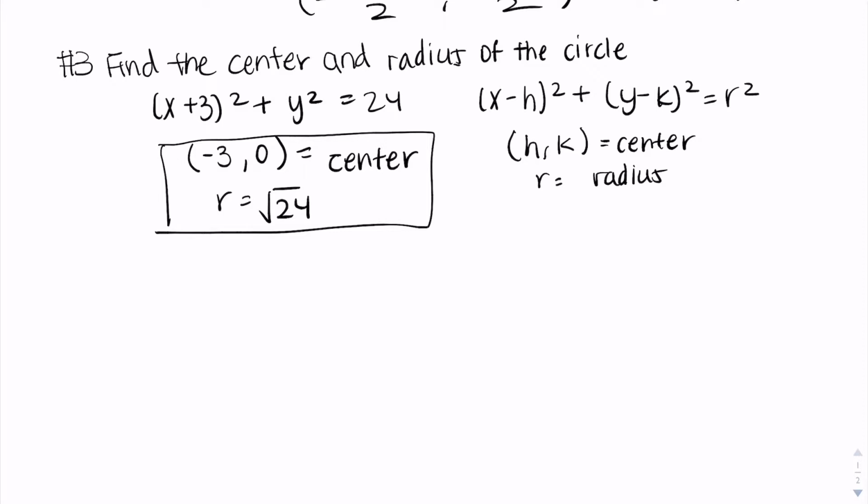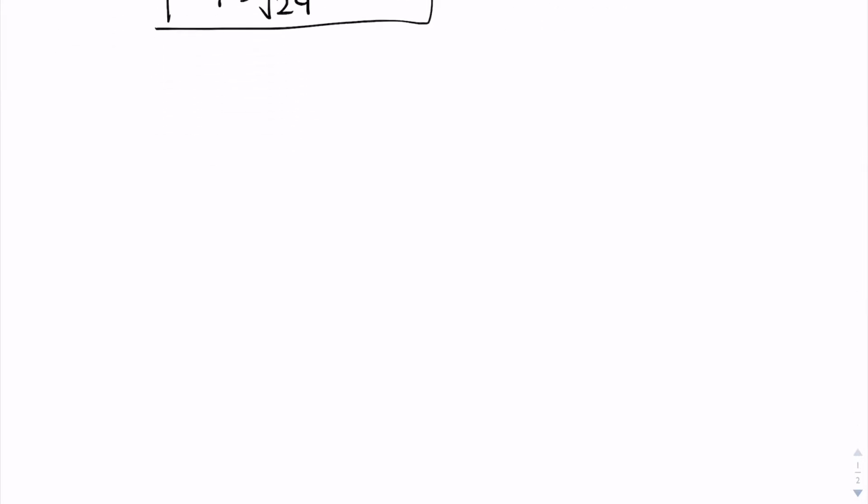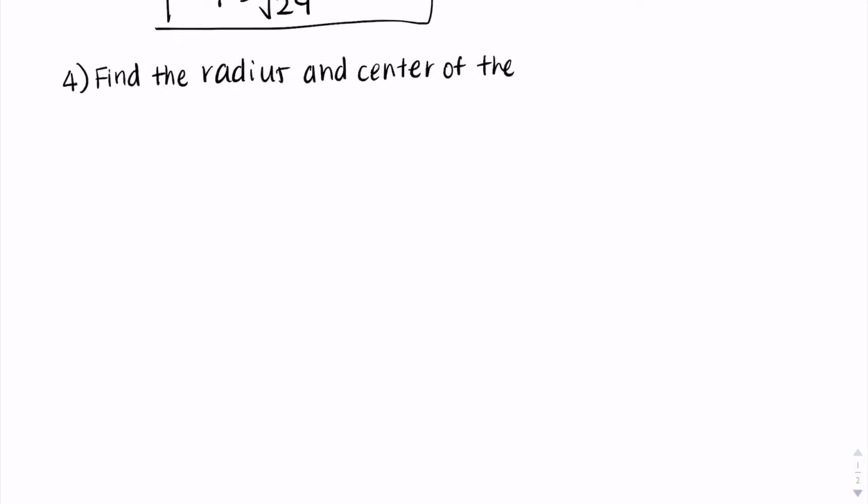So let's do another example of finding the radius and center for a circle. Find the radius and center of the circle x squared plus y squared plus 4x minus 6y plus 12 equal to 0.